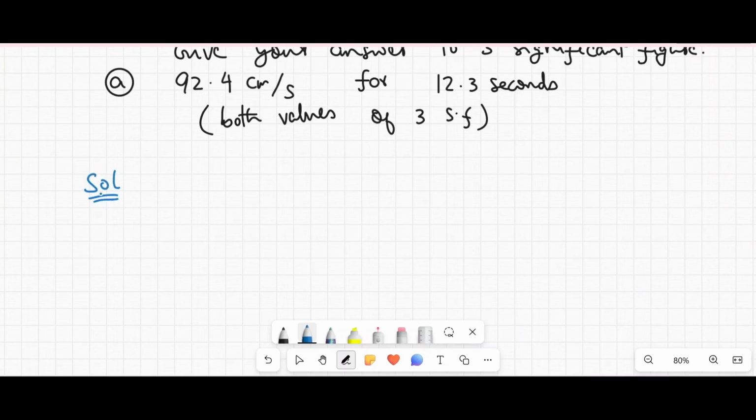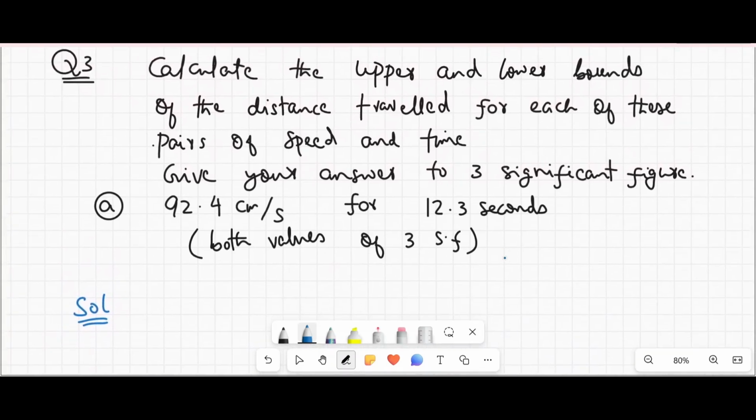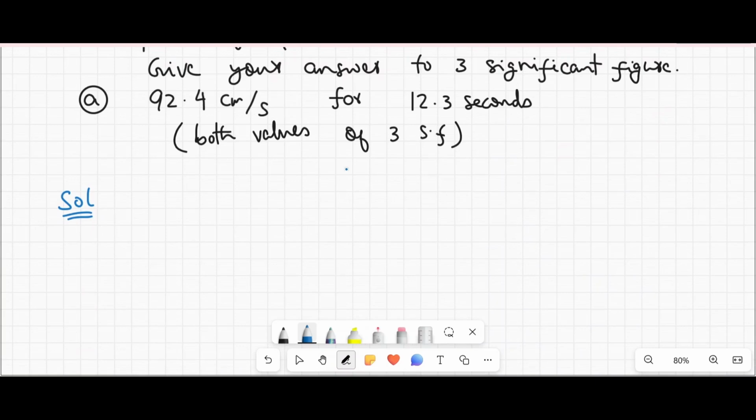First of all you have to find the accuracy. It says both values are to three significant figures. So 4 is on the third significant figure and 3 is on the third significant figure.